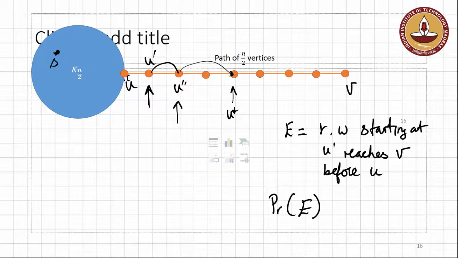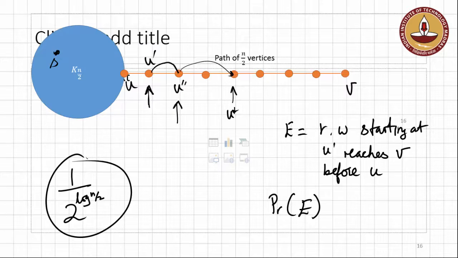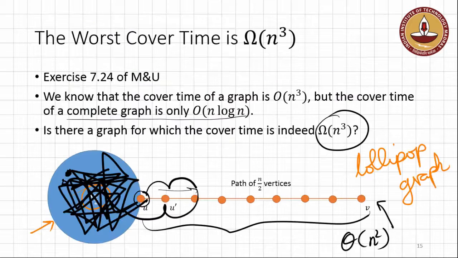If you think a little bit and work out the mathematics, you will realize that with probability 1 by 2 raised to something like log n by 2, you will reach v before you reach u, and working through that should help you reach this goal of showing that the cover time for this graph is in fact big omega of n cubed.